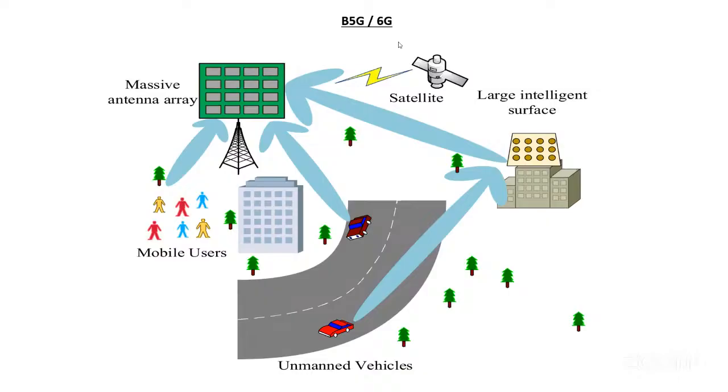In future, once the 5G fully establishes or towards 6G, we are going to have massive arrays, arrays of antennas, or large intelligent surfaces to direct the beams, and we will end up having more and more users demanding more data.